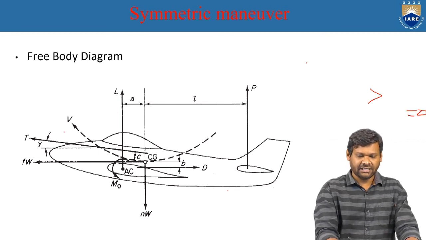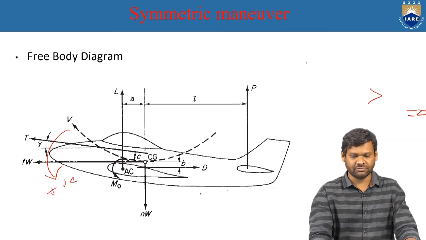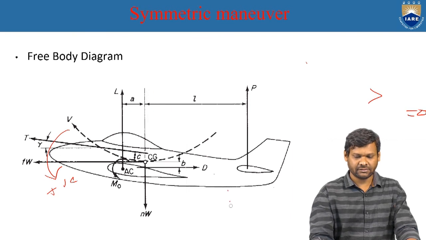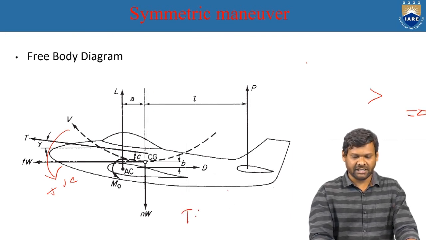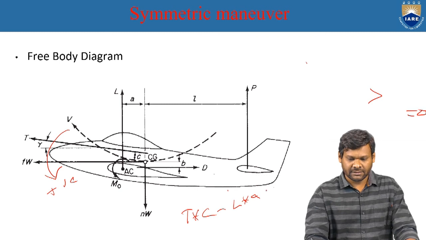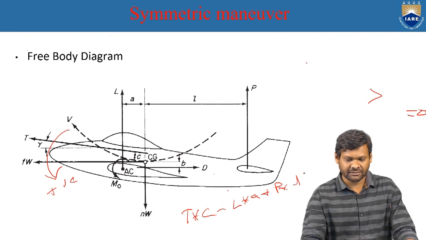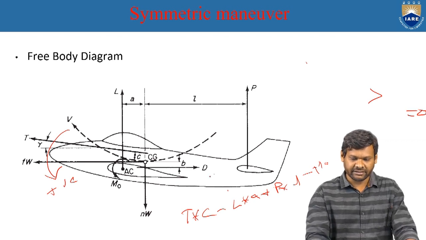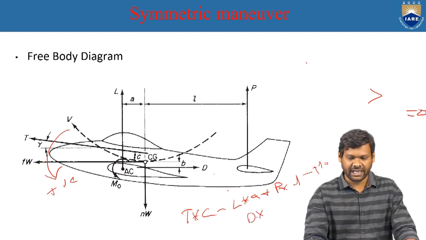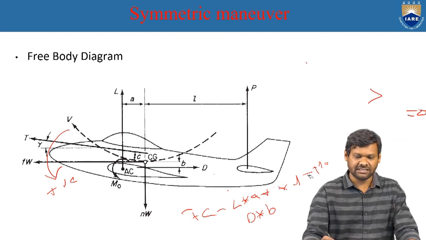What we have is that nose down is positive and nose up is negative, so we have T into C positive, nose up is minus L into A, plus P into L, and we have an aerodynamic moment which is nose down, minus M naught, and drag something like D into B. I am not considering the sign. Finally, what we get is this equation.